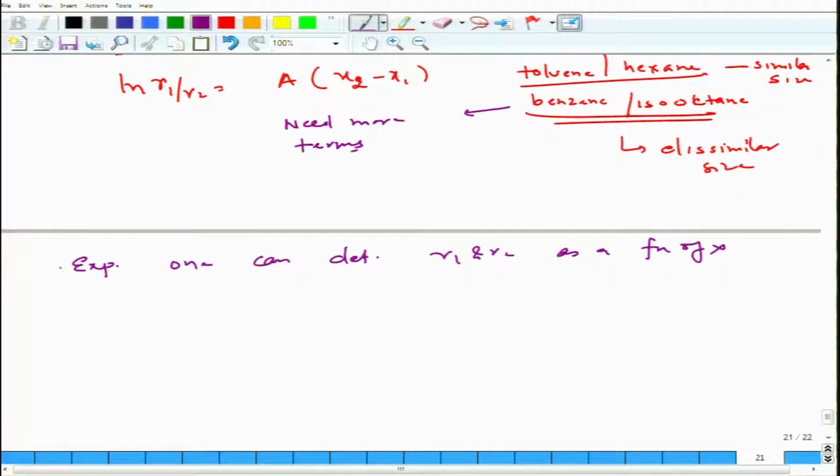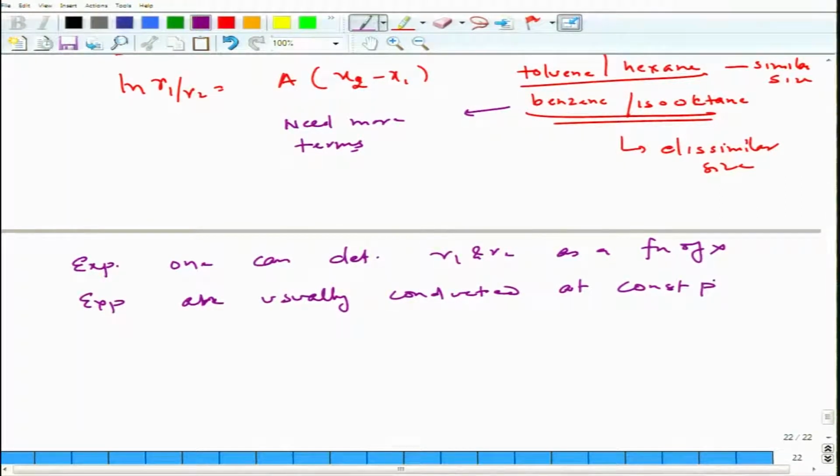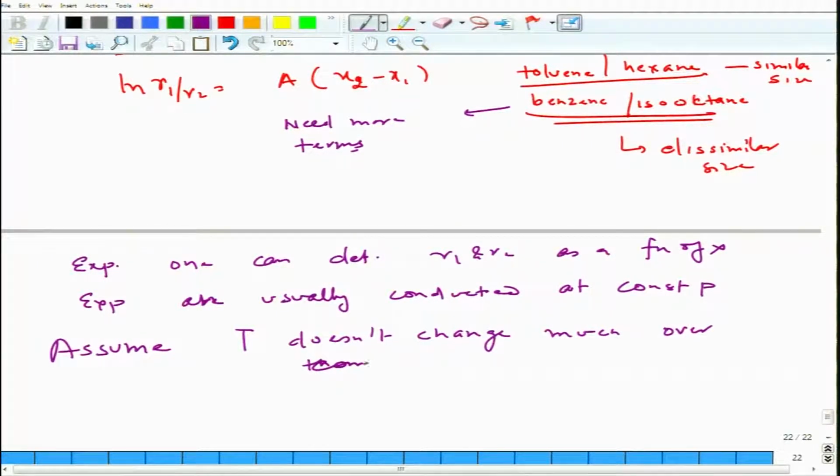Also, usually the experiments are conducted at constant pressure. So we assume that T does not change much over the composition, because of course there will be small changes in the temperature over composition.